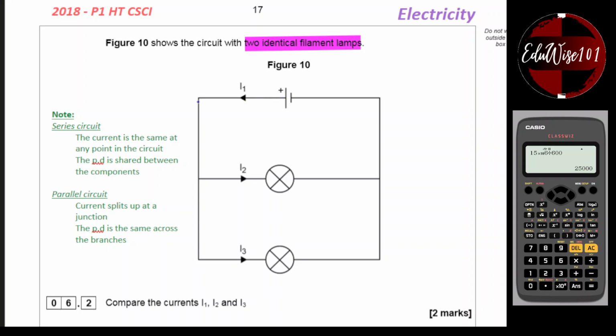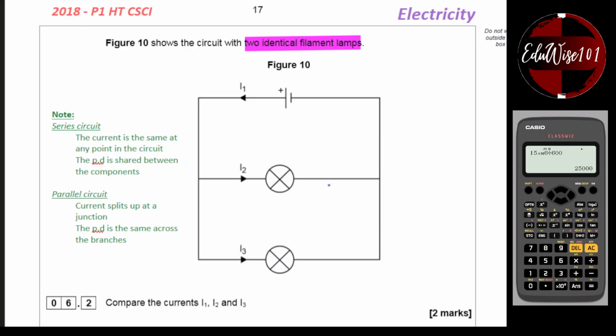So if you consider this part as just one circuit, ignore the lower part, then the current is always going to be the same before the bulb or after the bulb. It doesn't matter. And even if it had 10 bulbs, the current is always going to be the same. The potential difference is shared between the components.